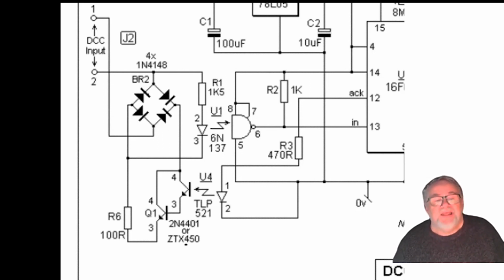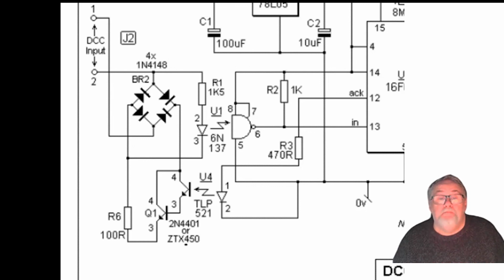The opto-isolator that goes to the gate goes to pin 13, and that's where the pulses from the DCC are detected by the microchip in order to detect the signals that are on the DCC signal. He also has an ACK output on pin 12 that goes to U4, which is an opto-isolator.